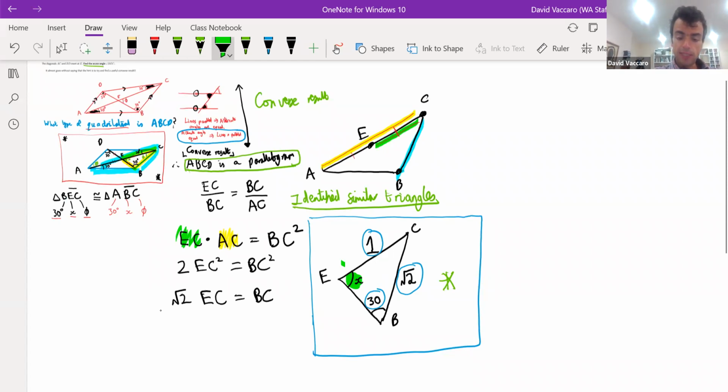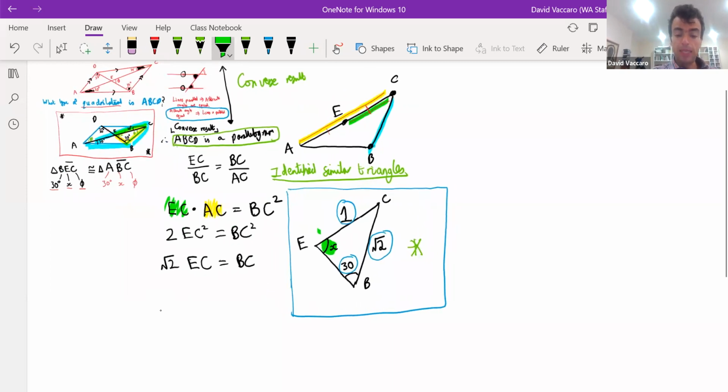So in the chat, stare at this triangle BEC, where we've got these known lengths and known angles, and tell me if there's some result which will enable me to find the angle X.